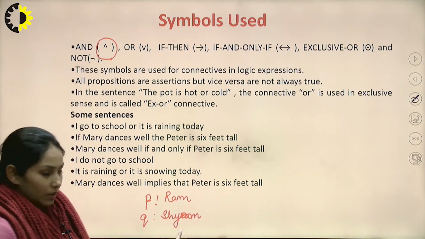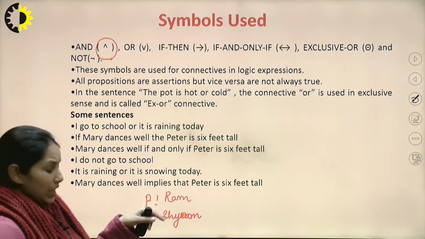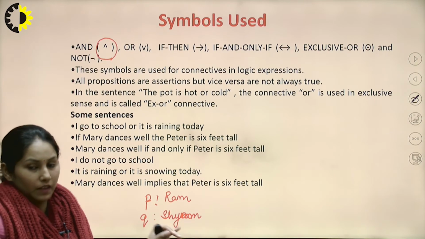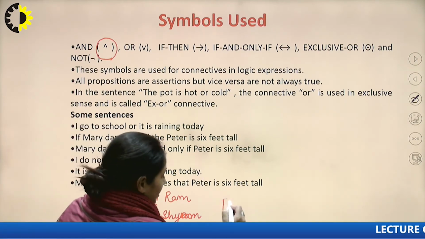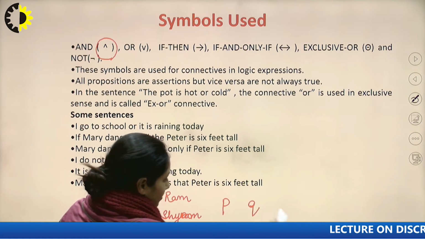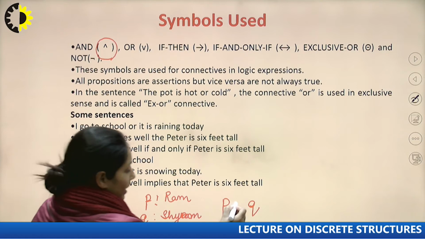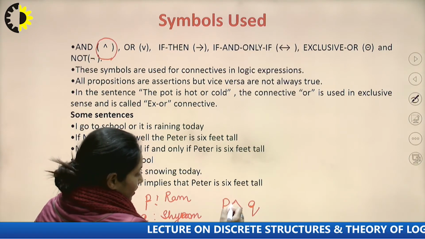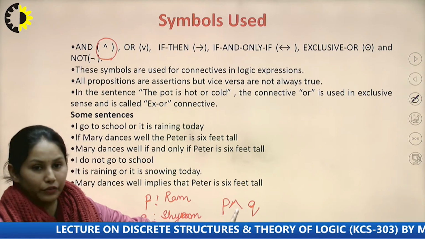P representing Ram, Q representing Shyam, and there is a connective and. Now how am I going to connect these two sentences with the help of the and operator? It could be written like this. So this is Ram and Shyam. This is the denotation of your and connective.